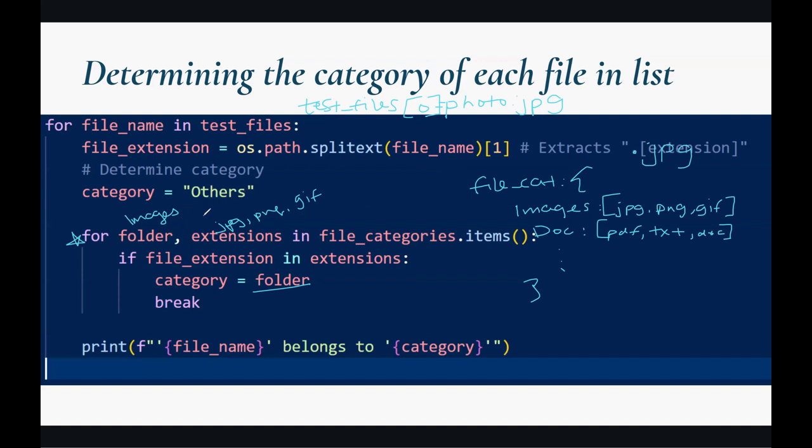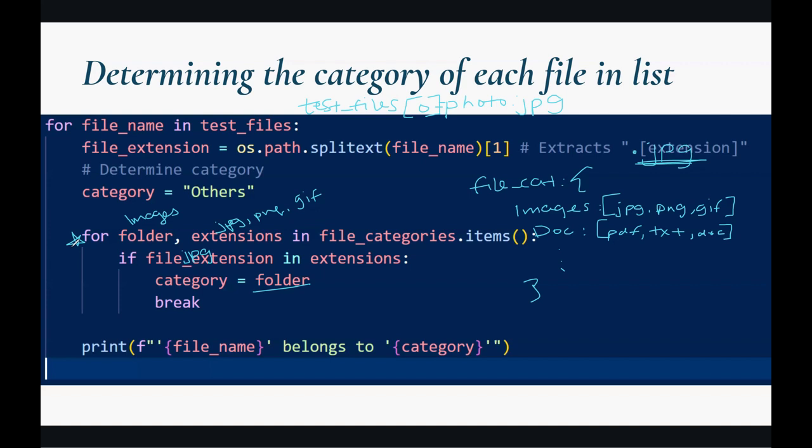So continuing on with this first element, which is photo.jpg, JPEG is the extension that we extracted. So we are going to loop through our category dictionary. Images is our first folder, and its list of extension values is JPEG, PNG, and GIF. And we are going to check if file extension, which at this point is .jpg, is in extensions.